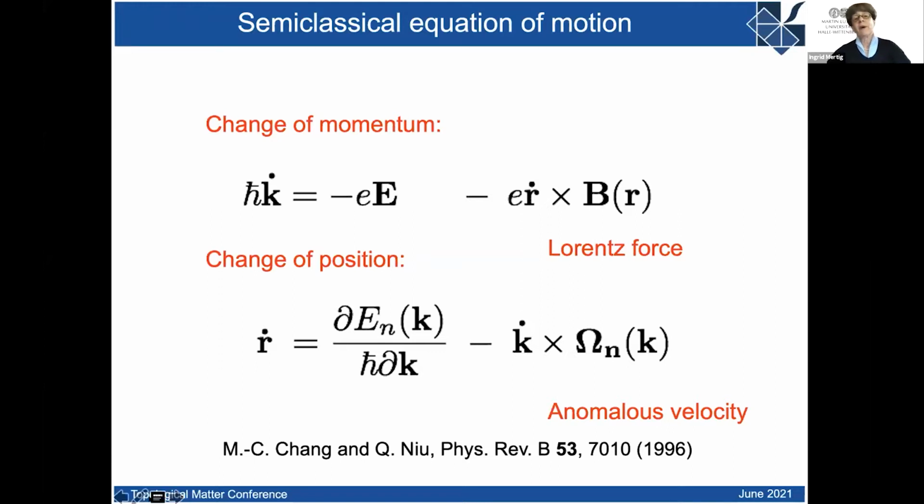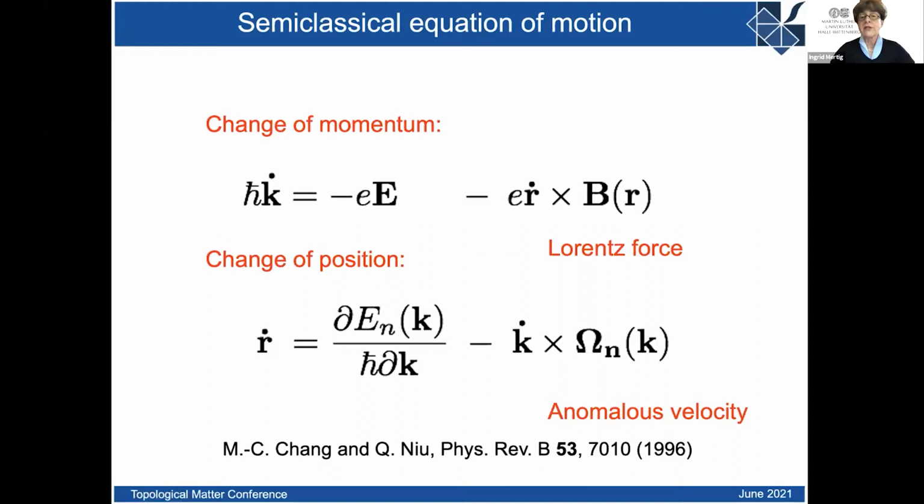R dot is given by the velocity due to Ehrenfest, and only in the 90s, Niu discovered a new term, which is proportional to k dot cross omega, and k dot is, of course, the change of momentum, and omega is the Berry curvature.